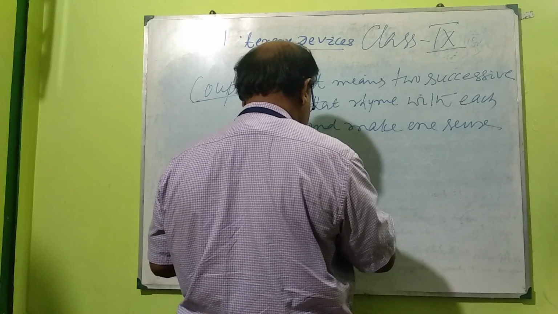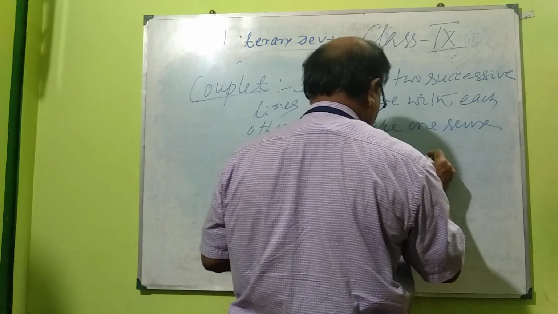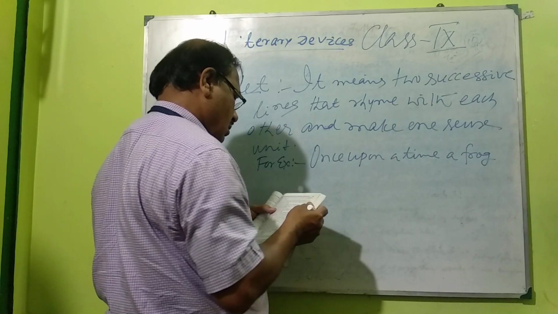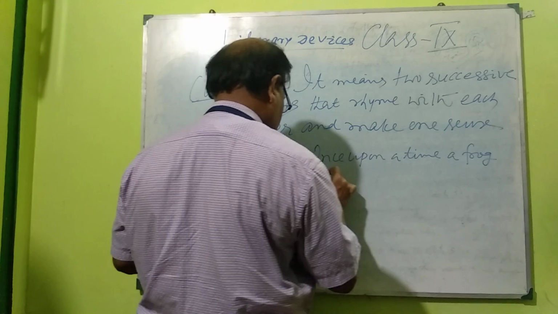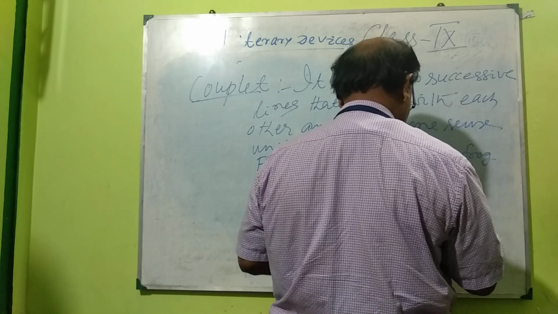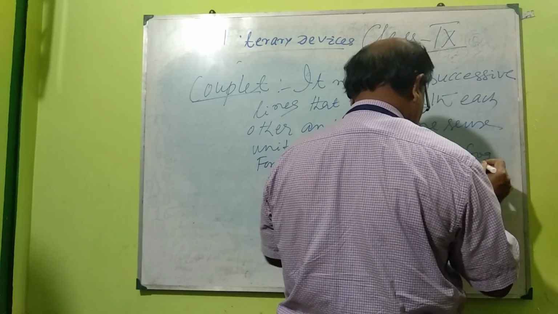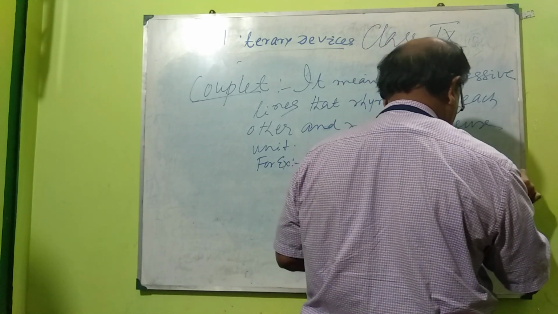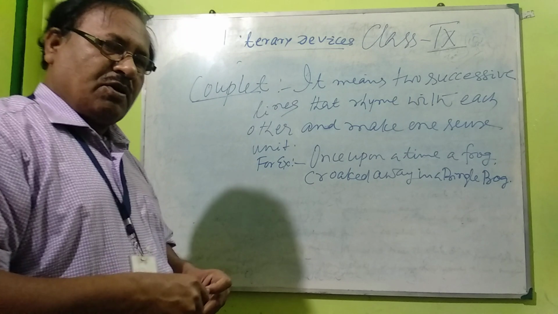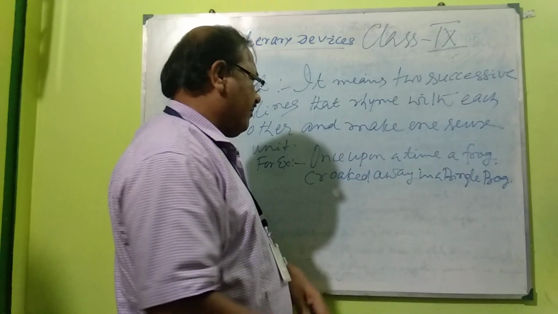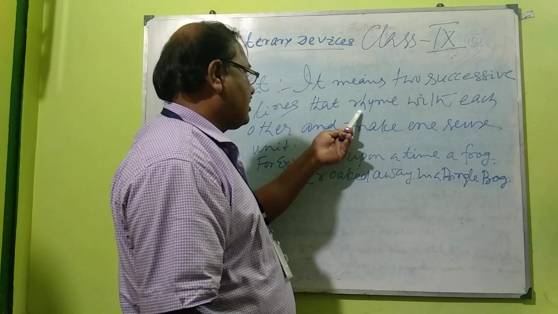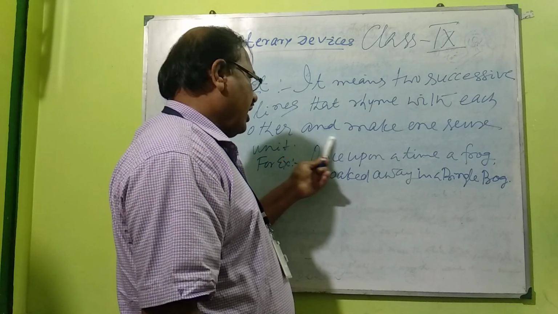For example, "Once upon a time a frog roamed away." See, these two lines are taken from Vikram Seth's poem, The Frog and the Nightingale. So it means two successive lines, one after another, that rhyme with each other and make one sense unit.